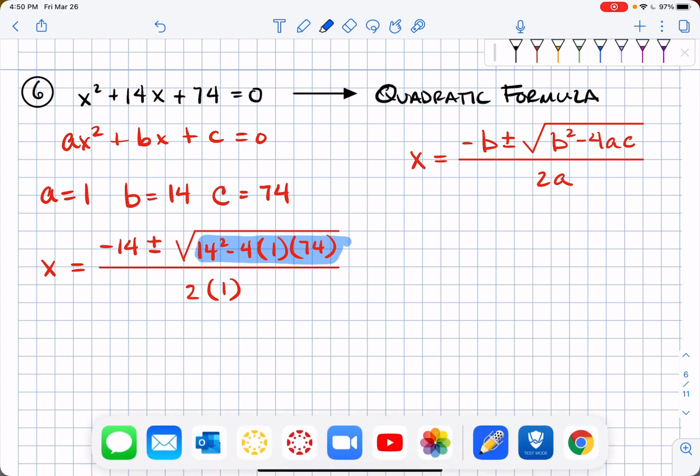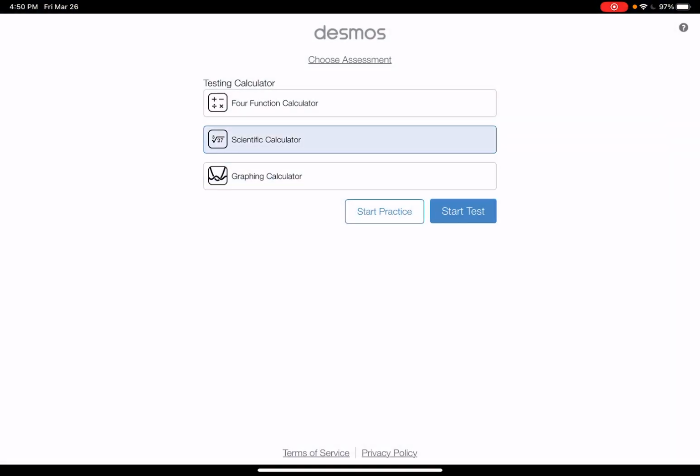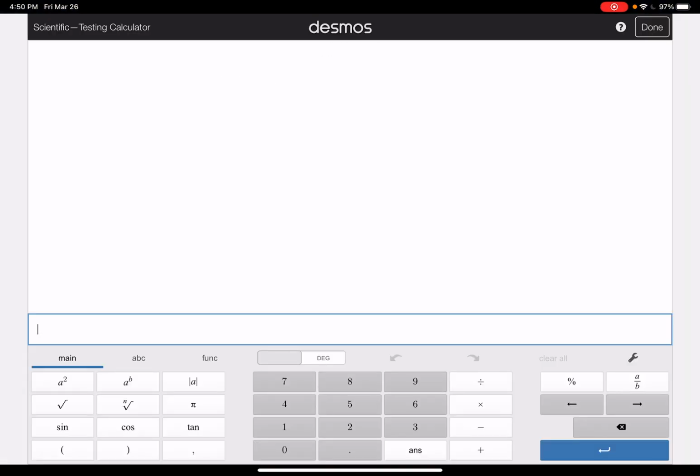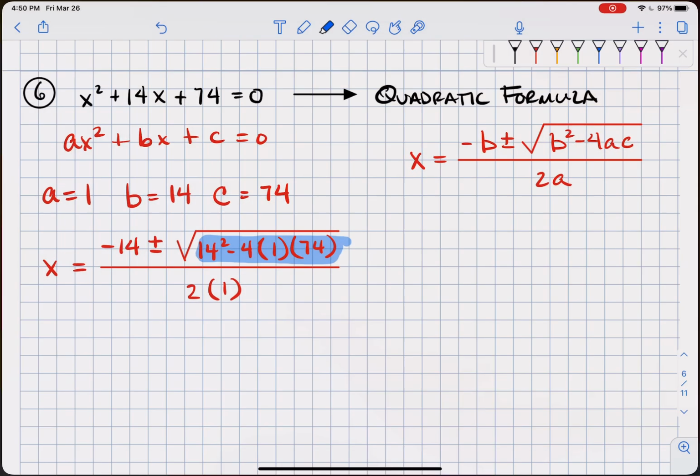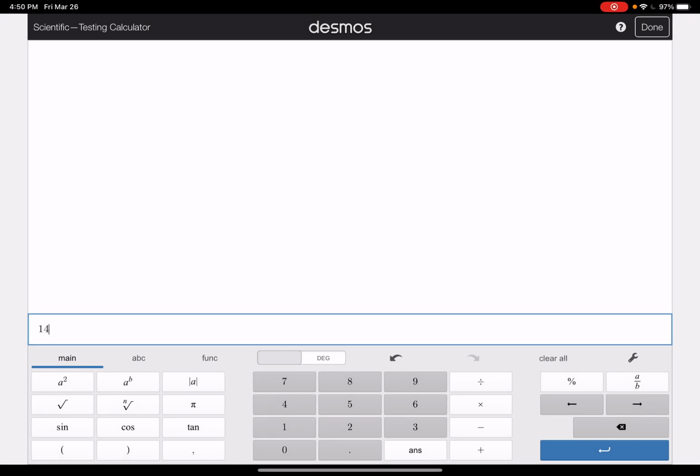So I'm going to show it to you right now with Desmos test mode, with the scientific, start practice. So what was it again? It was 14 squared, minus 4 times, you can use parentheses as well, 1, which is a, times c, which is 74, okay? And you got negative 100, okay?